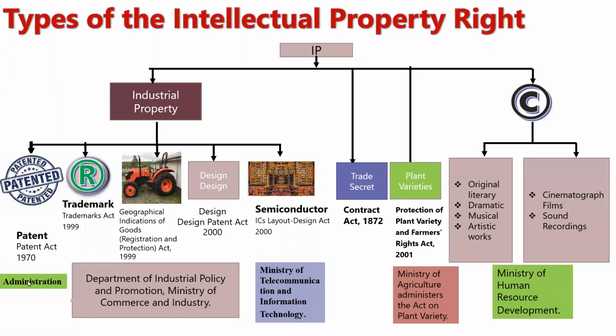So who is going to take care of all these things? Who is the administration? Industrial property, patent, trademark, geographical indications of goods, design, all these are taken care of by the Department of Industrial Policy and Promotion, Ministry of Commerce and Industry. So this is the department that is taking care. Semiconductor IC layout design was introduced in 2000, and it is taken care of by the Ministry of Telecommunication and Information Technology.